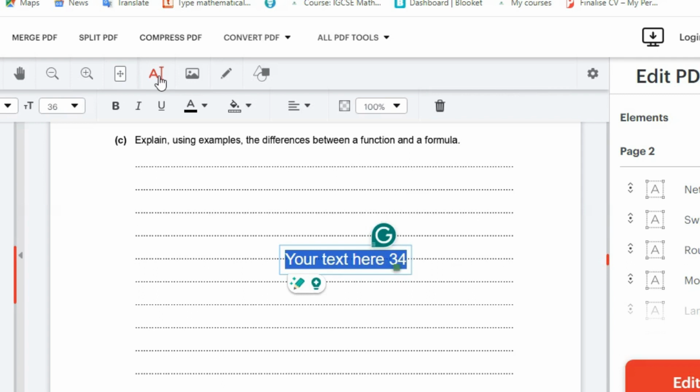For example, when you want to get the sum in a spreadsheet, you say A1 plus B1. You can write it as sum, open bracket, A2, semicolon B2. That's a formula. But a function is a named piece of code designed to calculate specific values.